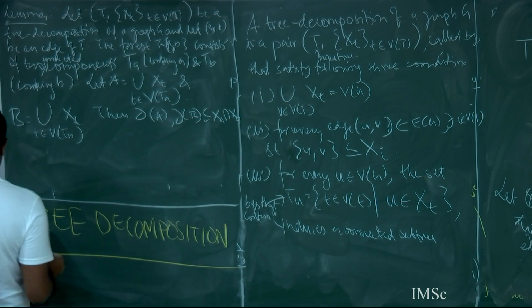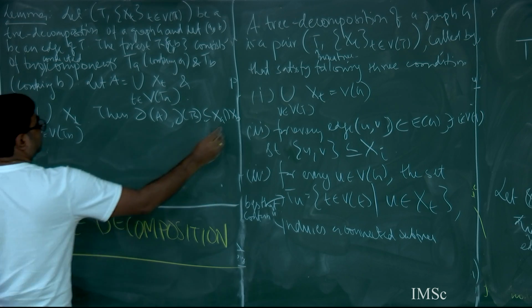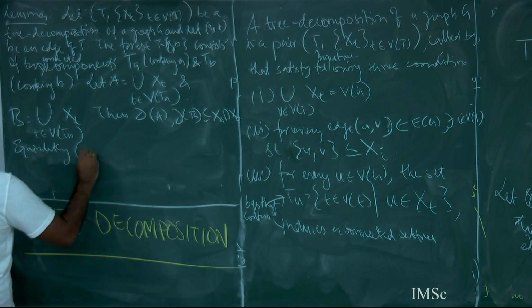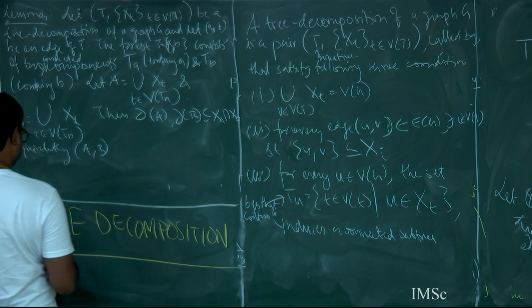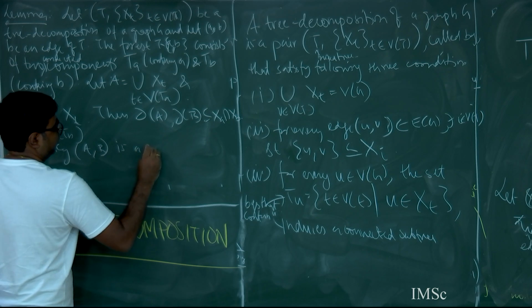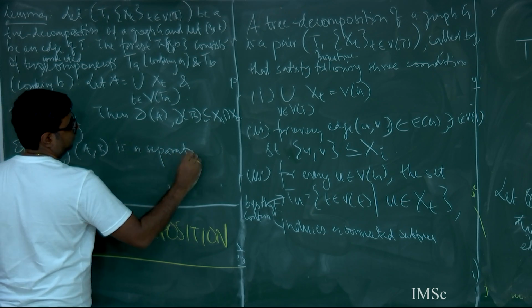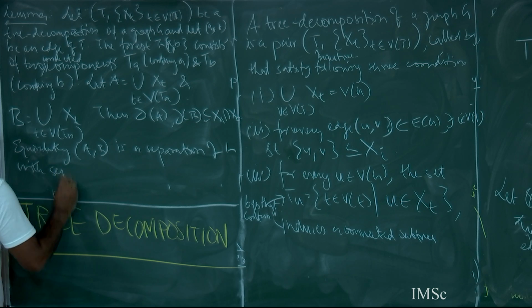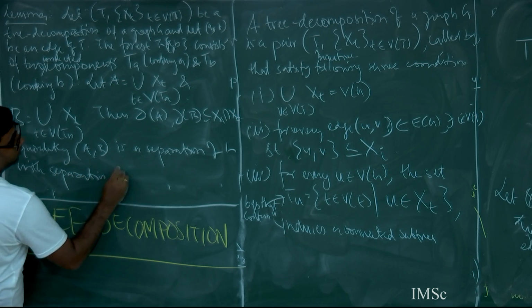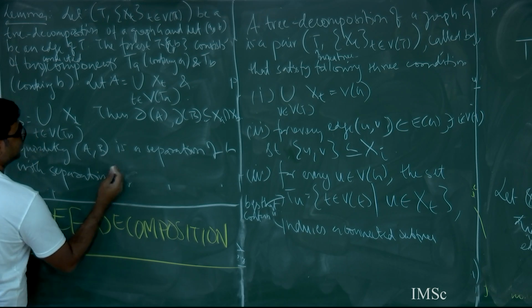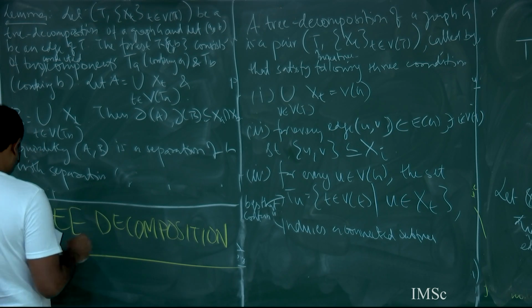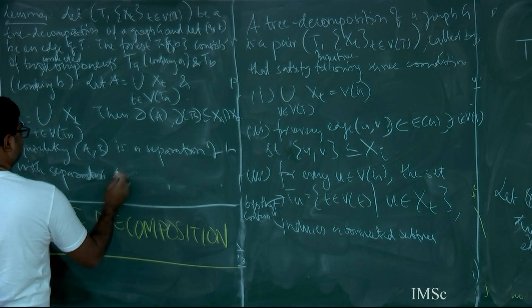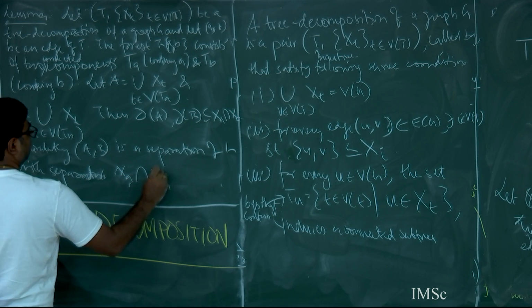What I just told you. Equivalently, in a separation of G, and I am not going to prove this, it is the same G separation with separator X_A intersection X_B.